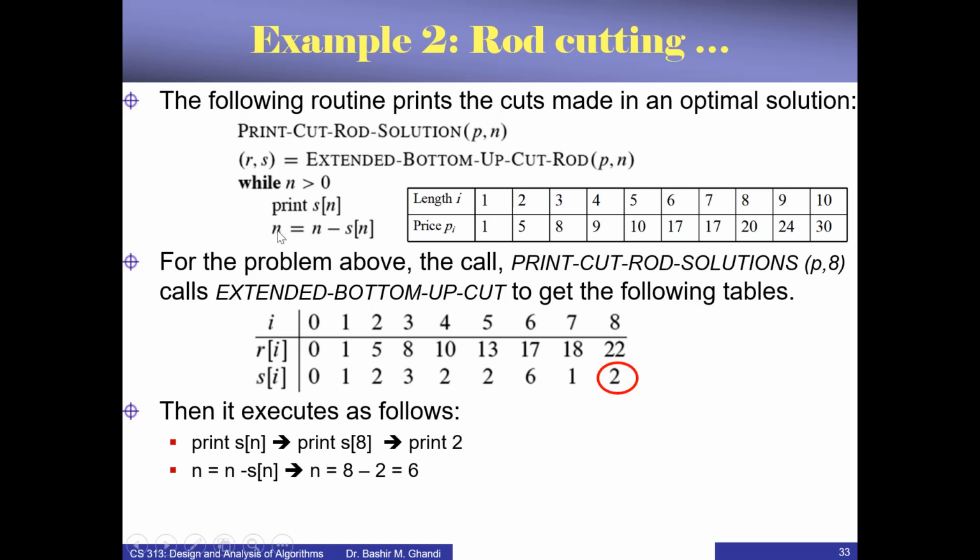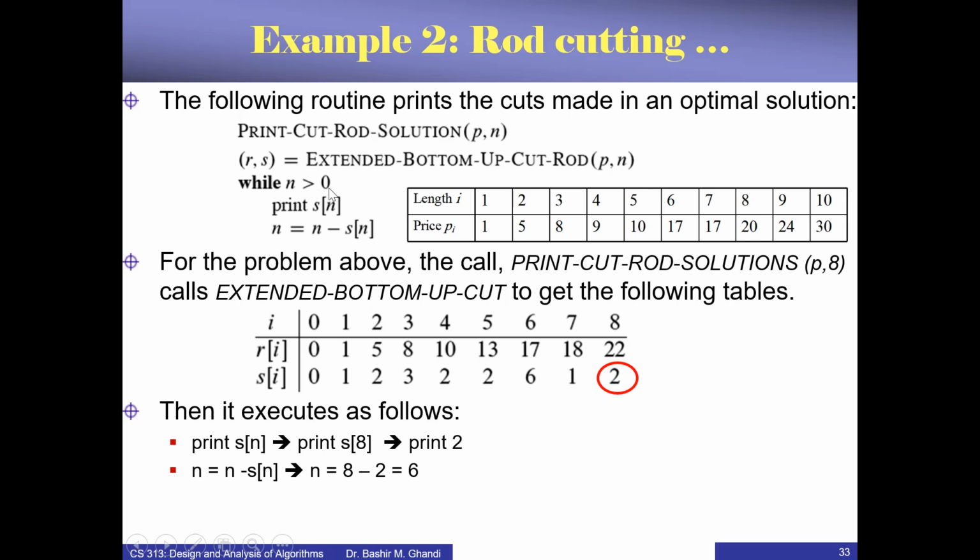Then it will update n to be n minus s at n. Well, n is 8 and s at 8, as you can see, is 2. So update n to become 8 minus 2, which is 6. Then repeat the routine again.